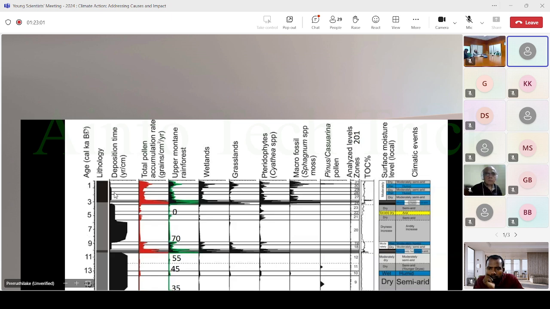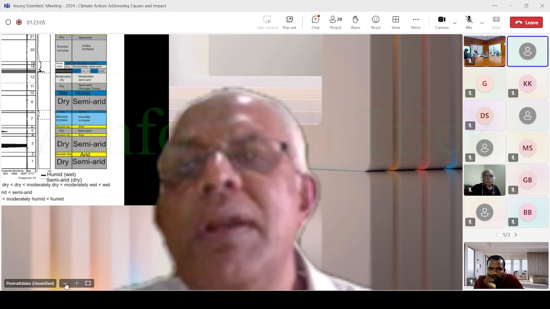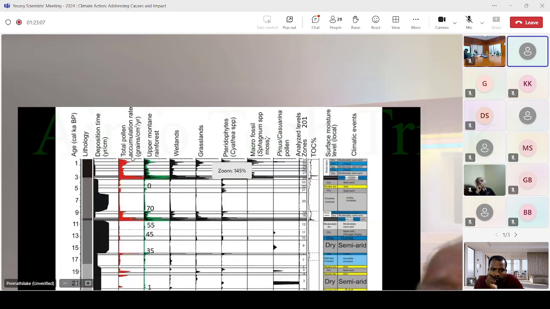In the opposite, the accumulation rates. And then the next column tells us the total pollen accumulation rates. And then the next column tells us how the upper montane rainforest is changing. You can see here, per cubic centimeter, how many pollen grains are in each level, and how the changing pattern is.